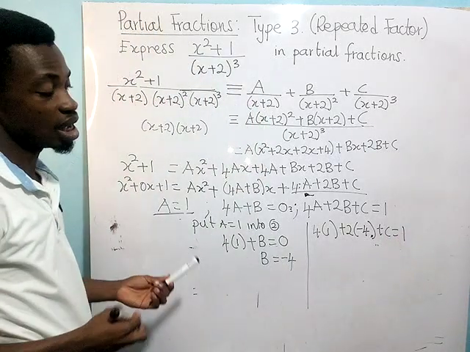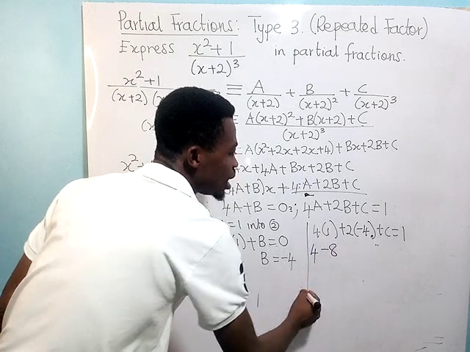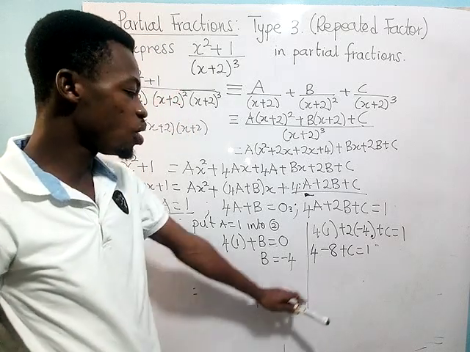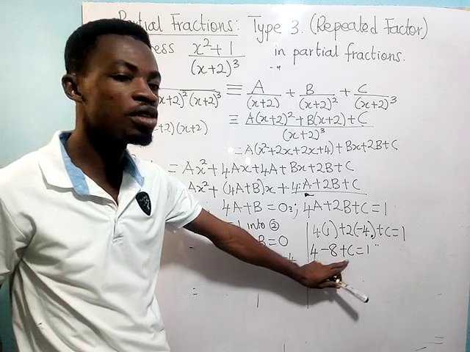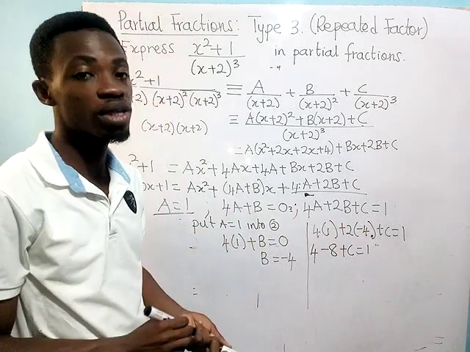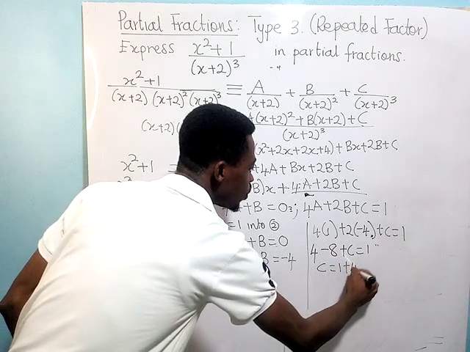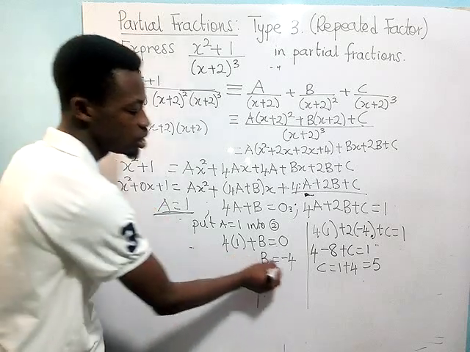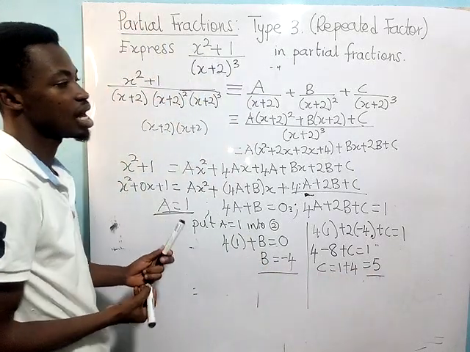When expanded, we have 4 minus 8 plus C is equal to 1, where 4 minus 8 is negative 4. Negative 4 will cross the equal sign and become positive 4. So C is equal to 1 plus 4, giving us 5. So now we have A as 1, B as negative 4, and C as 5.